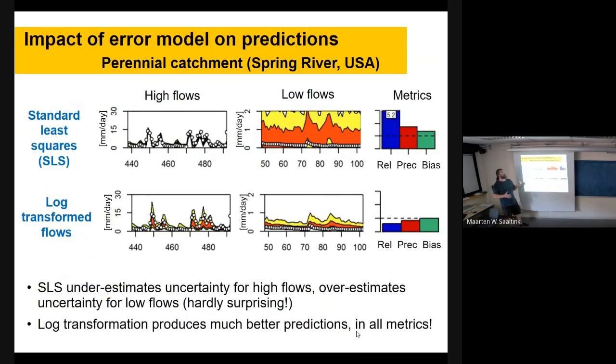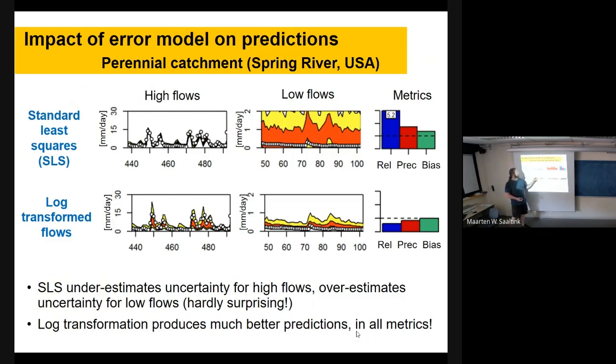There is quite a lot of results, but I just want to highlight a few interesting ones. This is maybe a fairly obvious result, but when you use standard least squares, which doesn't try to transform the data in any way, then we generally underestimate uncertainty in the high flows and overestimate it in the low flows. So we have this lack of balance in our results. When we use the logarithmic transformation, that provides a better balance.